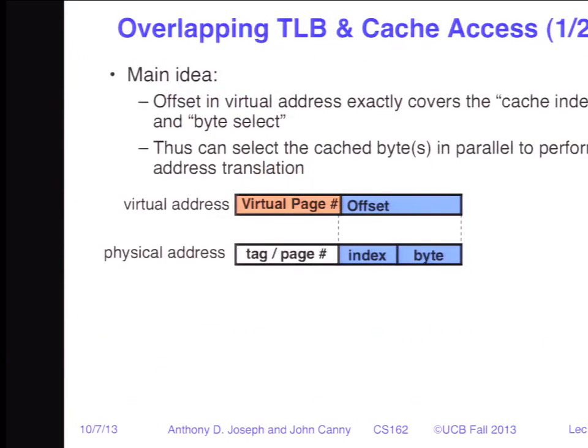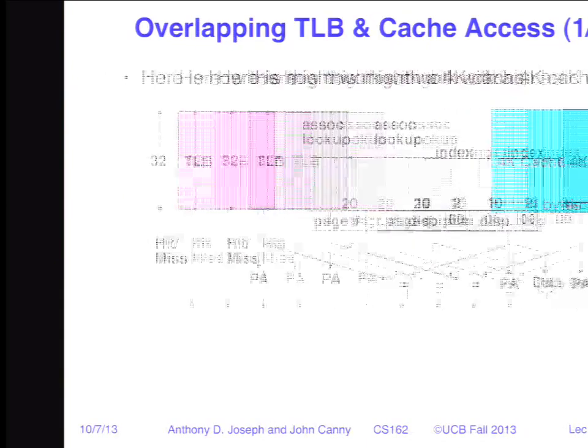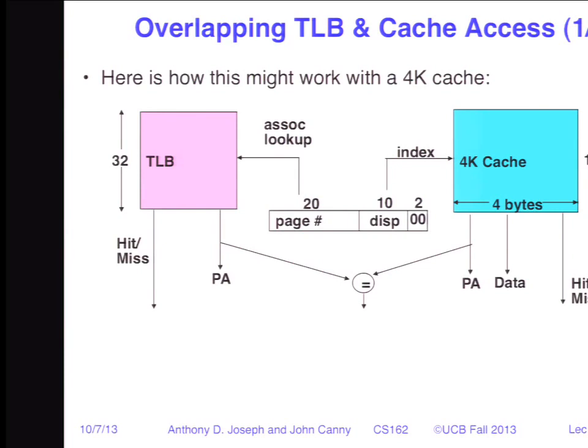So here's how we're going to organize our cache. We're going to organize our cache so that the offset exactly covers the byte select and the index bits of our physical address. We have our TLB. In this case, it has 32 entries. We're going to do an associative lookup in that for our physical page number.